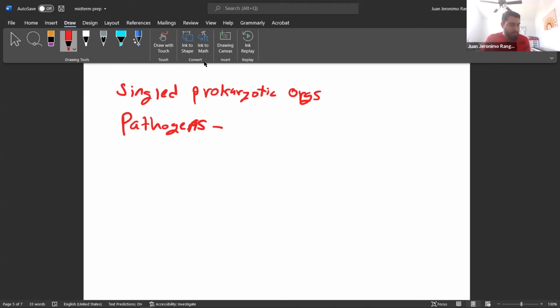Okay. But some bacteria are good for bioremediation. So bio just means living. Remediation is to fix a situation. So we use bacteria to treat sewage. So they break down all the waste that goes into the sewage.